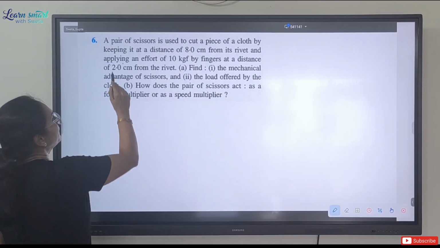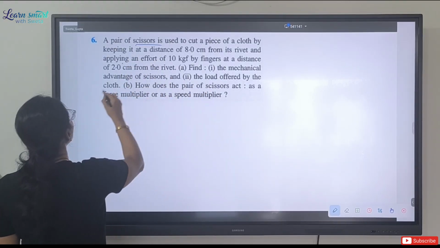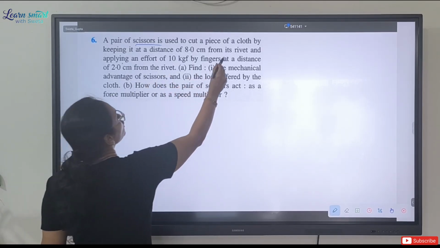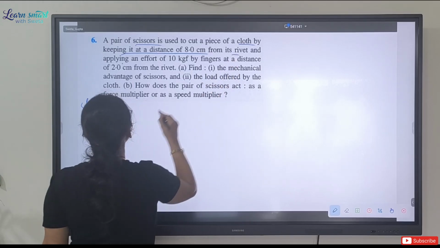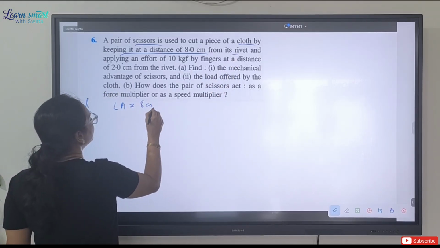Now question number 6, a pair of scissors, which is a class 1 lever, is used to cut a piece of cloth by keeping it at a distance of 8 cm from its rivet, which means the load arm is equal to 8 cm.